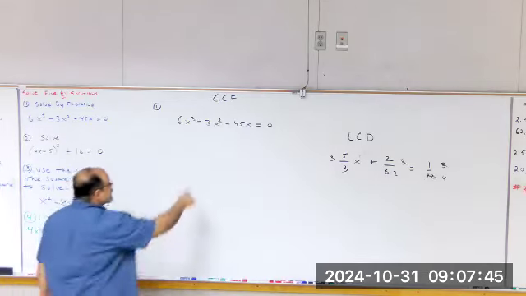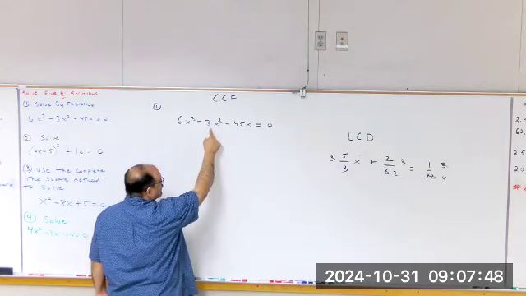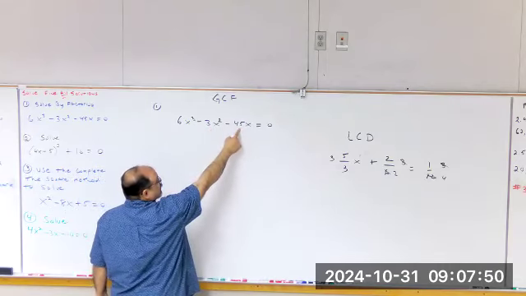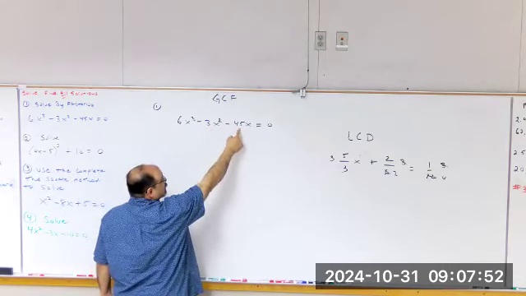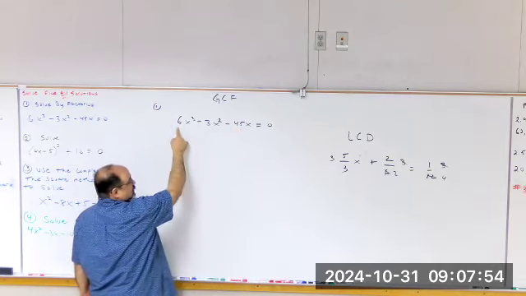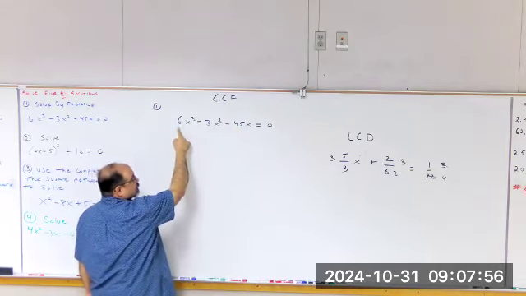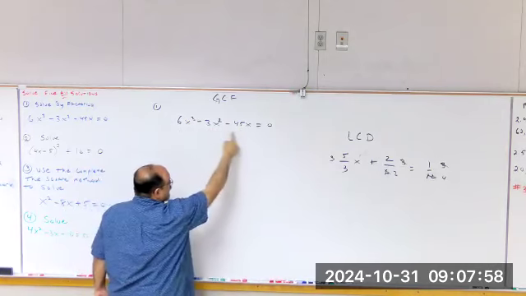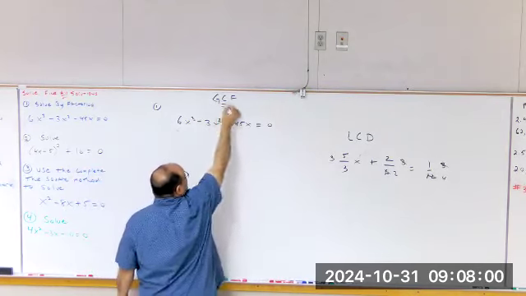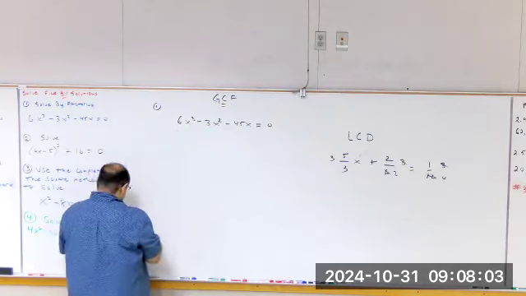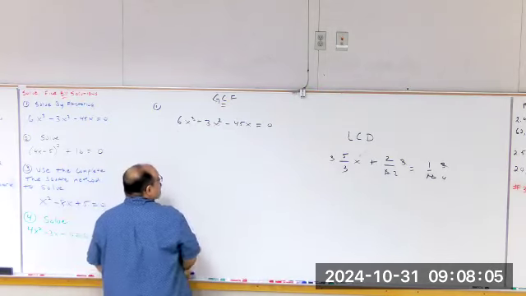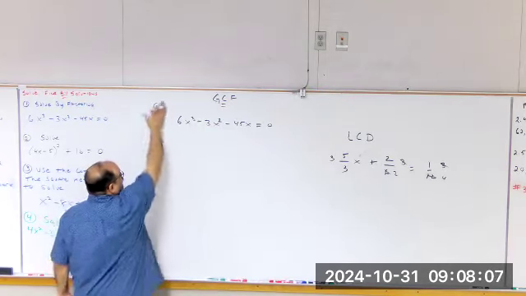I can't take a 6 out of the 3. Can't take a 6 out of 45. I can take a 6 out of 6, but that's not good enough. I have to be able to take it out of all of it because it's got to be common to everything. So the only thing that divides all of them evenly is a 3.